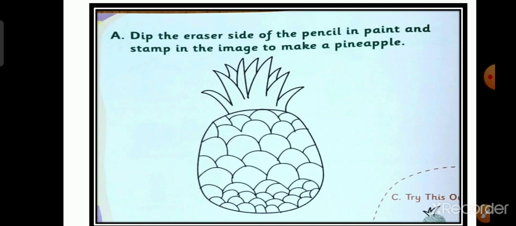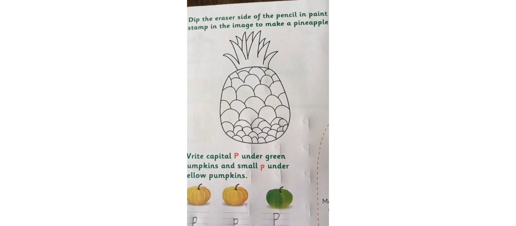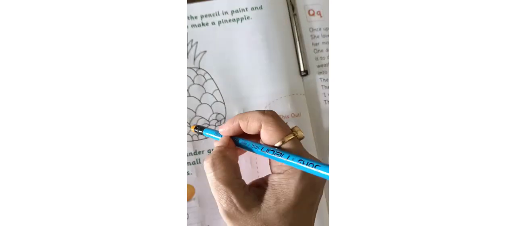So let's start. What we are going to do is we are going to dip the eraser side of the pencil. This is pencil. This is the eraser side. I have dipped the eraser side of pencil in yellow paint and I am going to stamp it in the image to make a pineapple. Let's start.